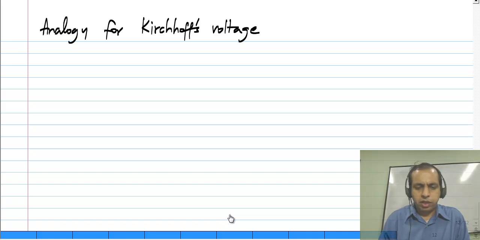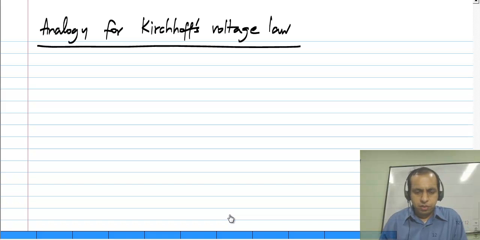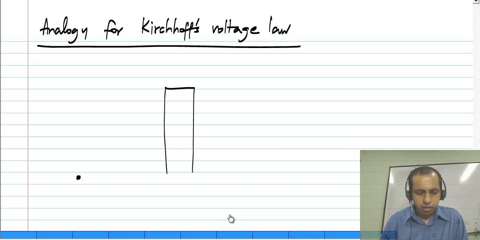We can also make an analogy for Kirchhoff's voltage law based on everyday experience. Let's say you start from a certain point and you go up on top of a building, you gain a certain height h2 minus h1.